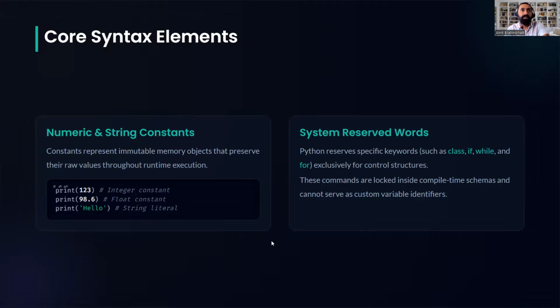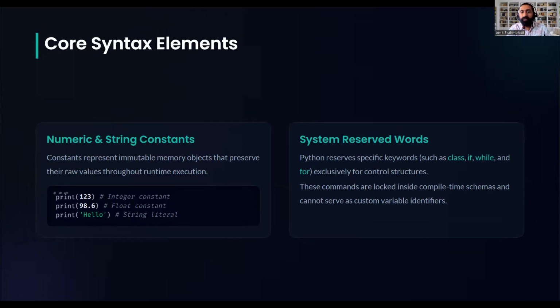Core syntax of Python language. Let's look at what the absolute foundational building blocks of our scripts mean. Constants and reserved words. In Python, constants are exactly what they sound like.